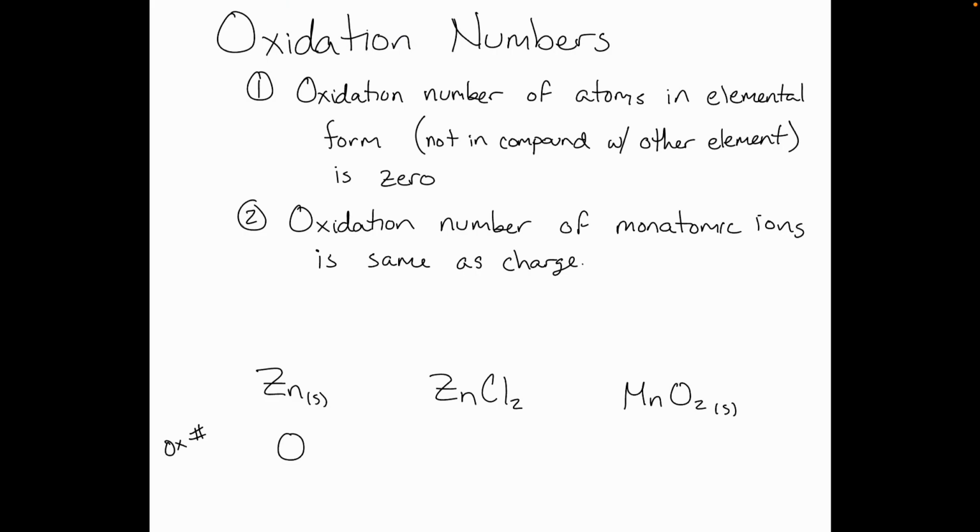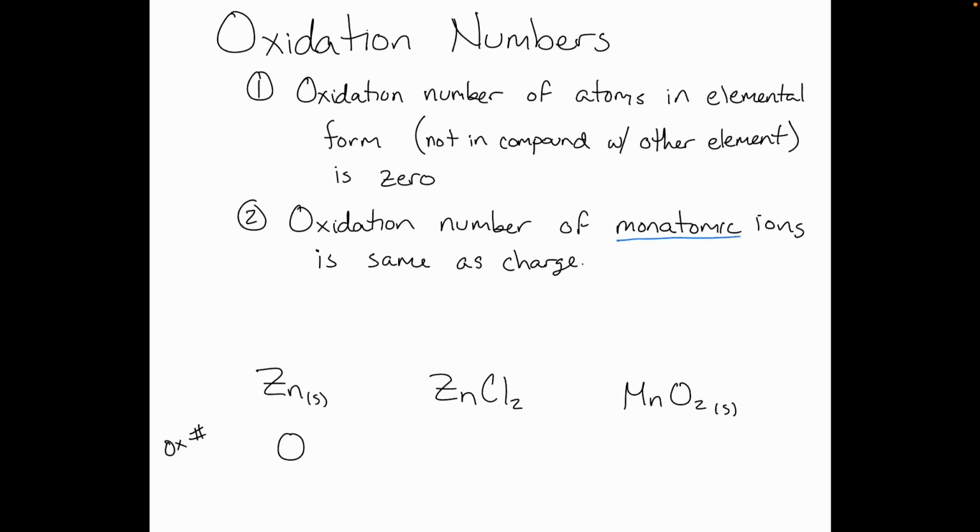All right, so what the heck do I mean by a monatomic ion? Let's pick that word apart. What do we think the mon means? Mono, right? Mono meaning one, right? Monatomic ion is then a single atom ion, right?